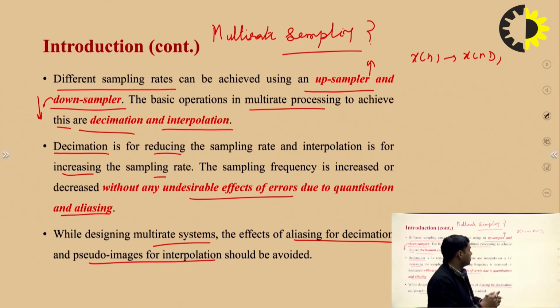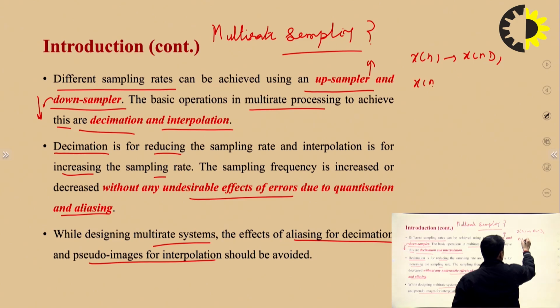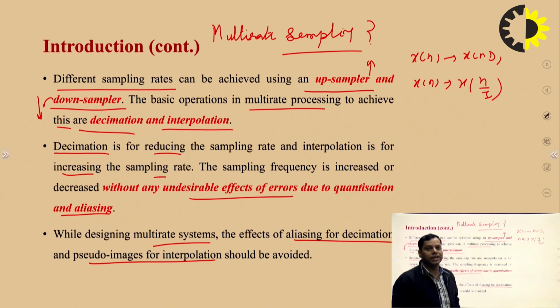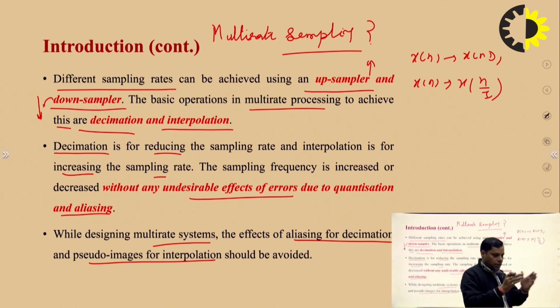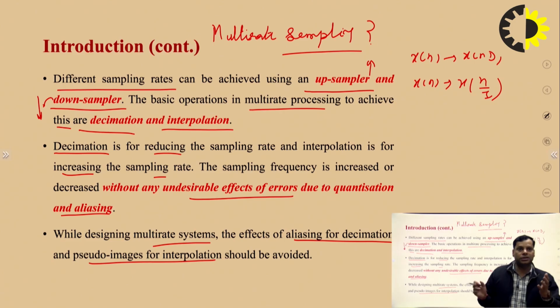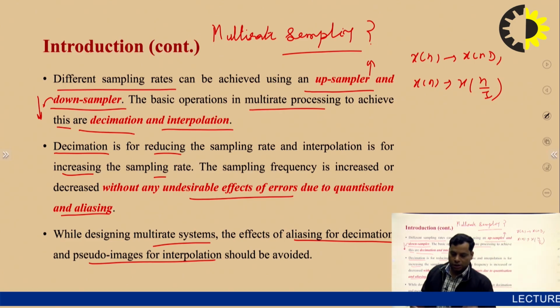In the case of interpolation, the interpolation is performed by replacing x(n) with x(n/I). When we think specifically about decimation, the time domain expression is decreased, and in the frequency domain it is increased.